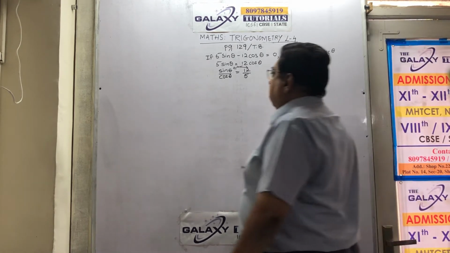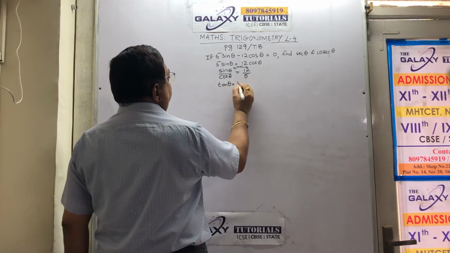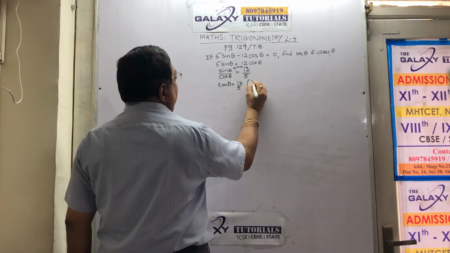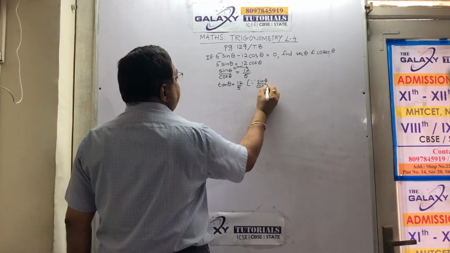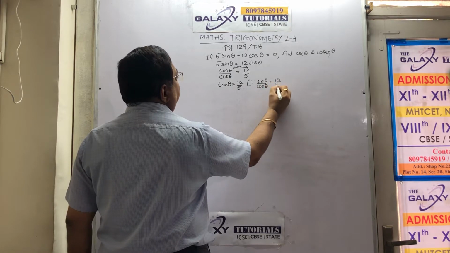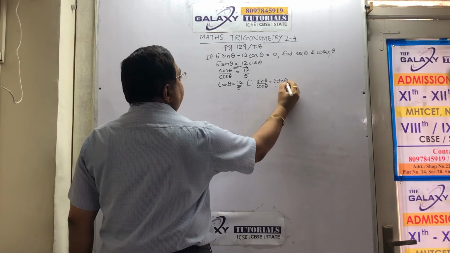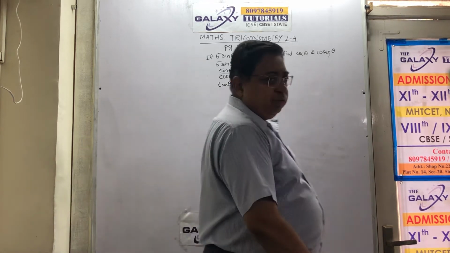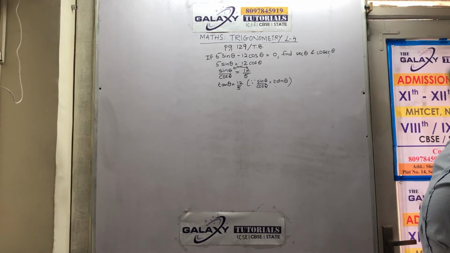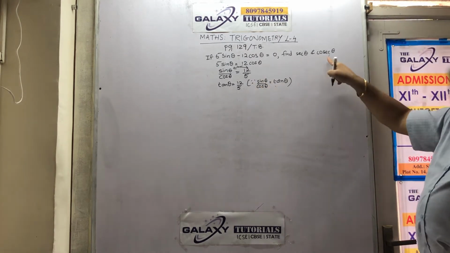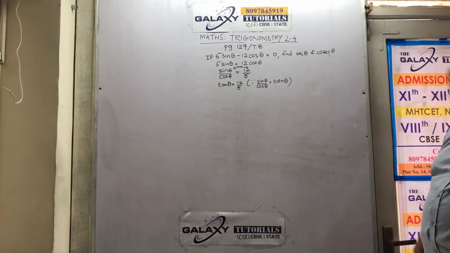Now tan theta is equal to 12 upon 5, because sine theta divided by cos theta is tan theta. This is also what we have learned in the basic ratios. So now I have a value and I have to find other values. This is 2 marks: 1 mark to convert, 1 mark to solve.